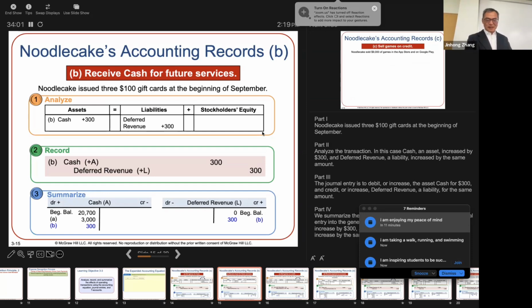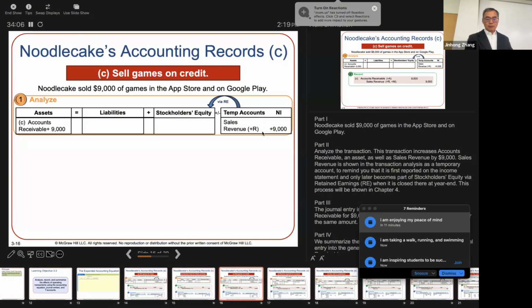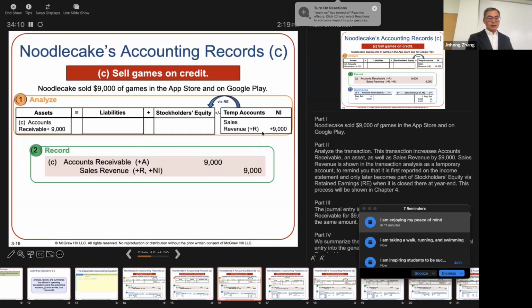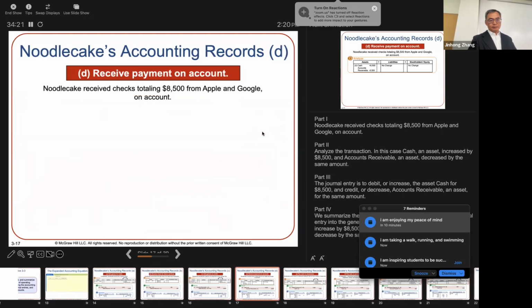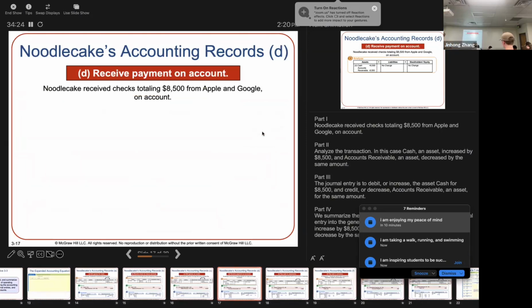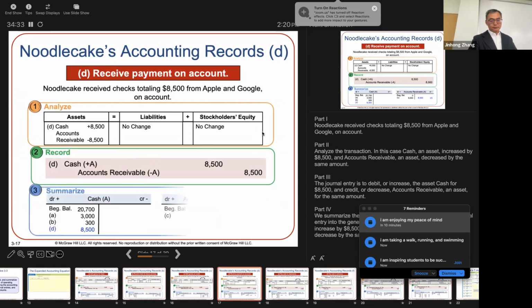So basically this is a T-account, you put it in there. I'm just going to quickly run through it, okay? Now you sell it, but you haven't received the money, so accounts receivable increases and revenue increases, right? Now you receive payments, so your cash increases and receivable is reduced.